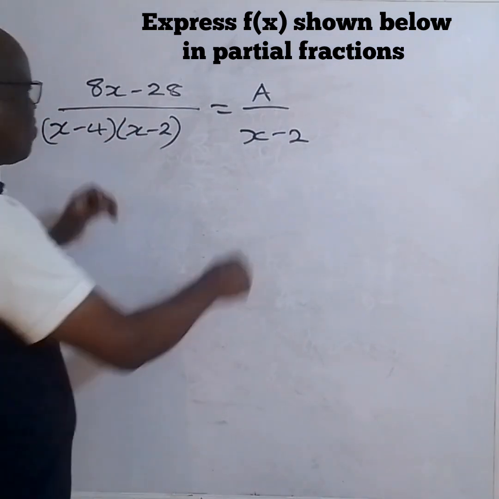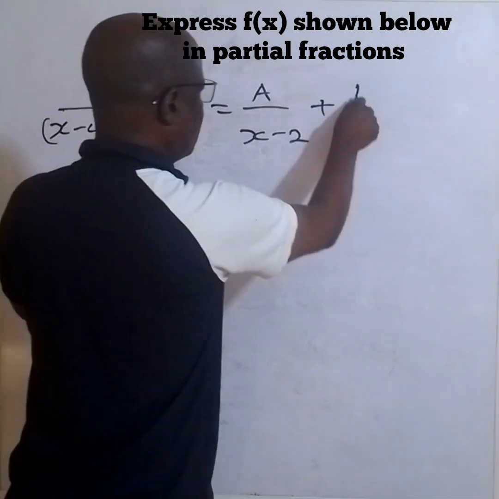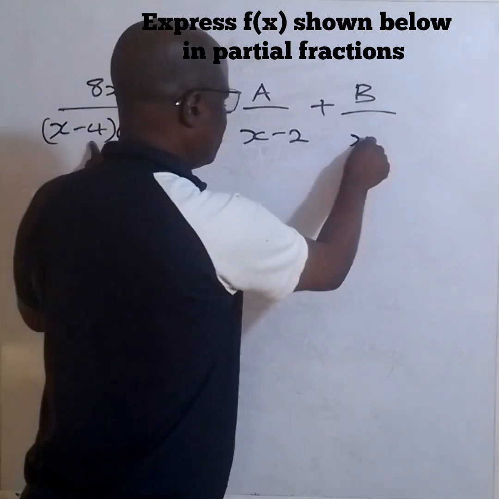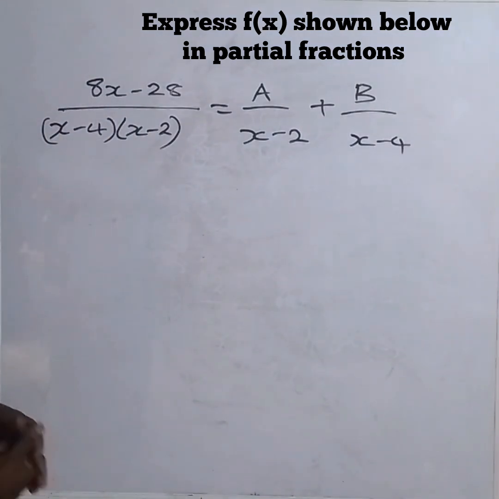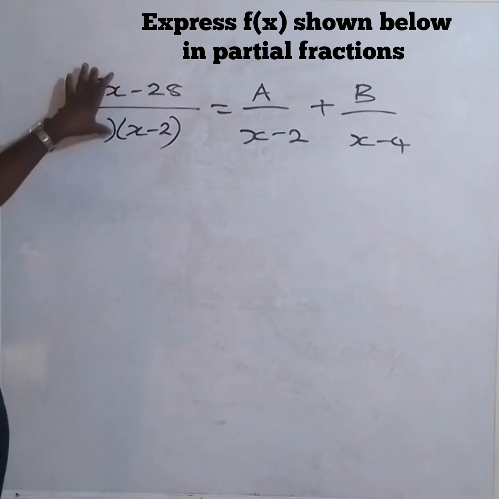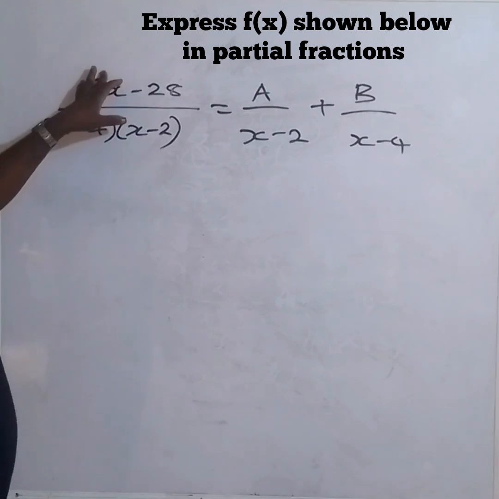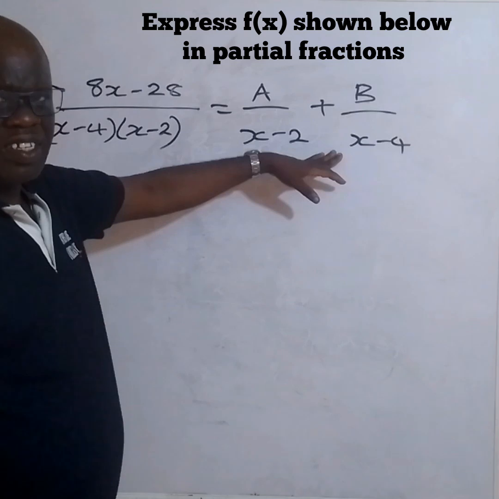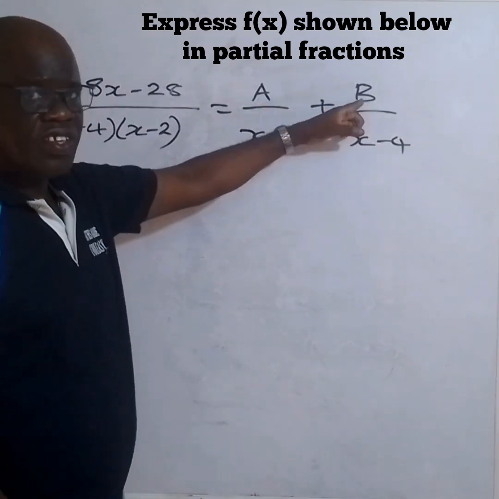Then plus B all over this one. Okay? Now, we go further. This one is the rational fraction, and these ones are the partial fractions. But we must find out what A is and what B is.